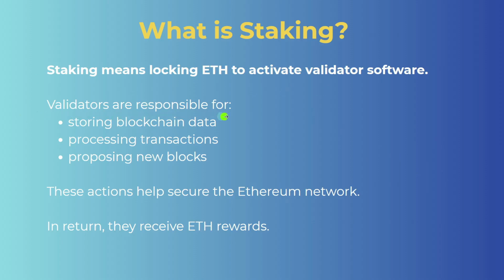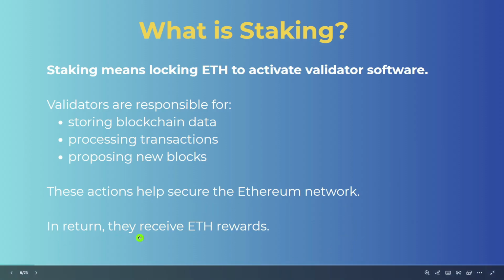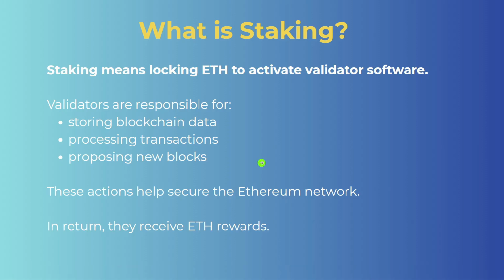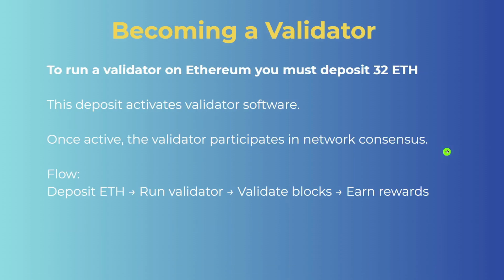Validators are responsible for storing blockchain data, processing transactions, and proposing new blocks. These actions, of course, help secure the Ethereum network, and in return they receive ETH rewards. So we stake 32 ETH, but by performing all these operations, we get back a reward.